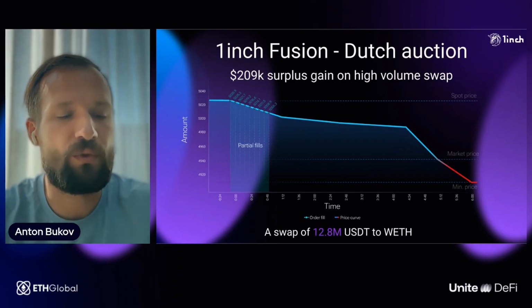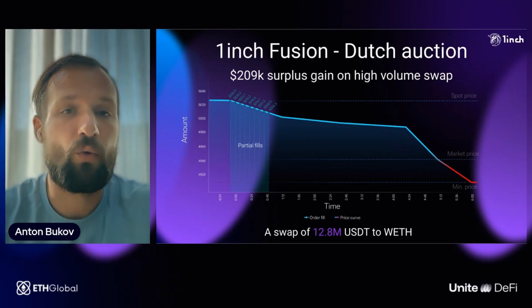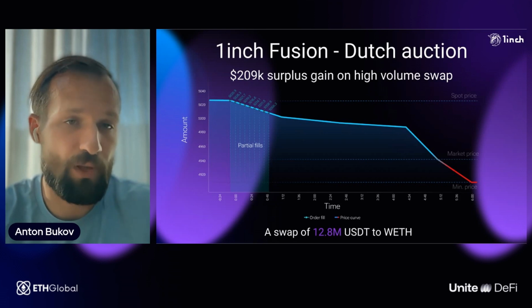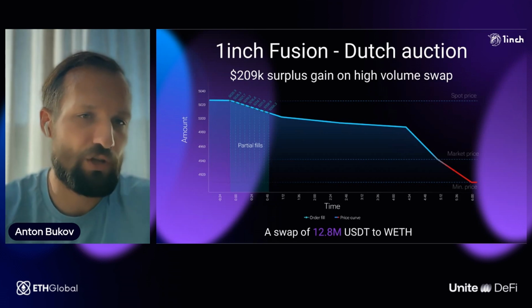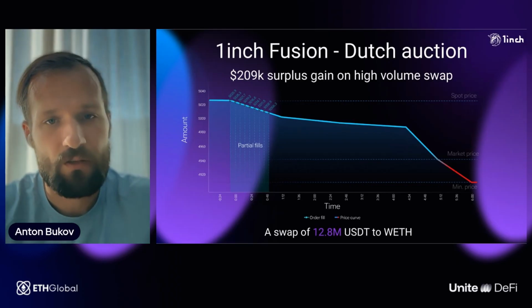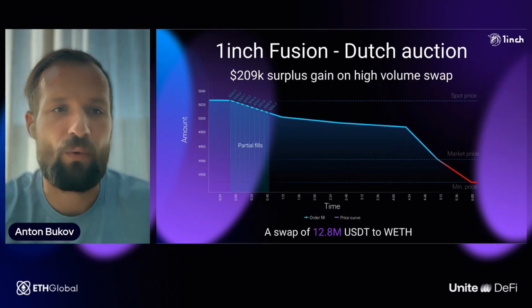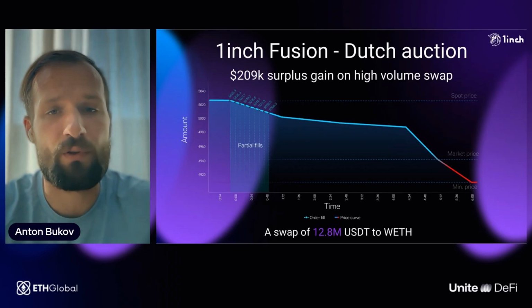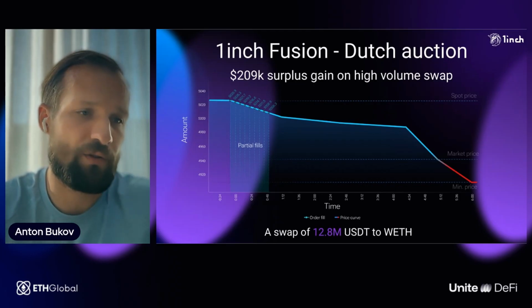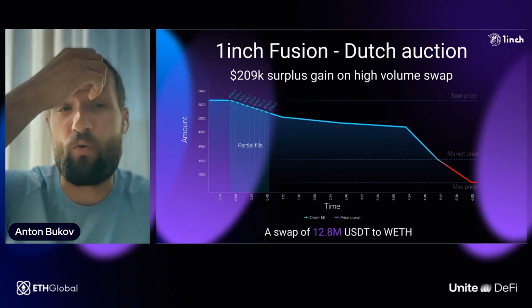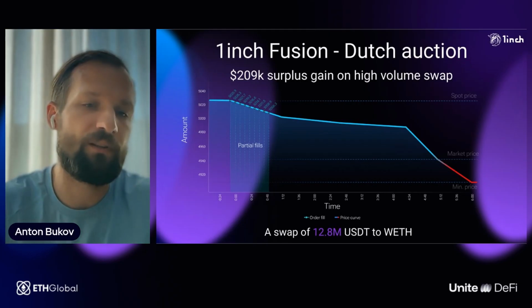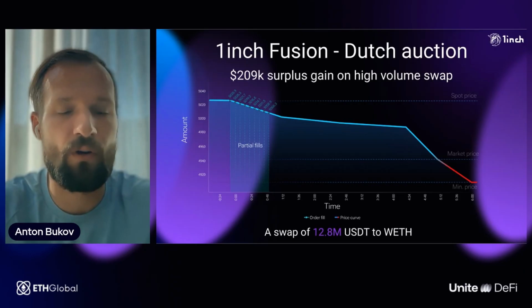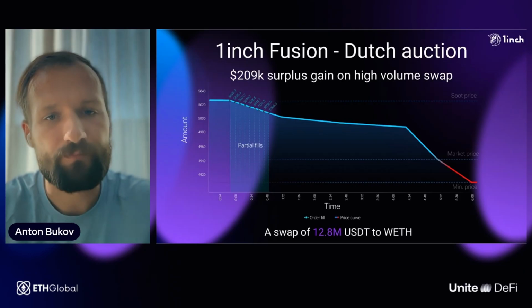And this gave 200,000 surplus compared to the market price, if you had tried to exchange it with a market order. So that's one of the examples, and also a visualization. What is a Dutch auction? This is a thing where the price moves from a good price for the signer, the maker, to a worse price, but it's getting improved over time for takers, the resolvers.